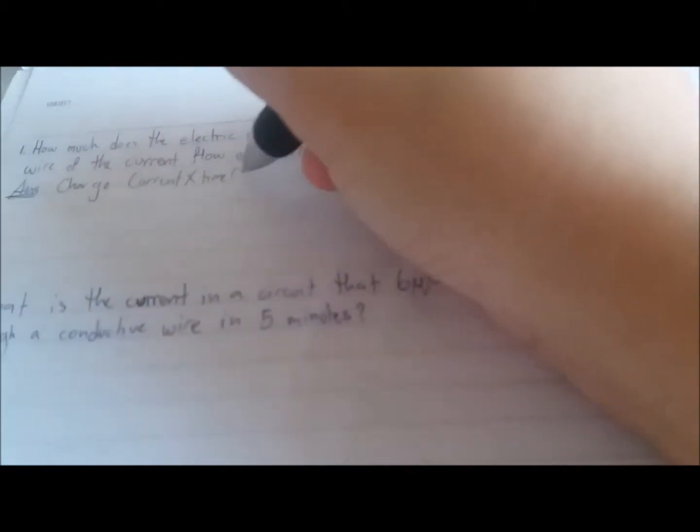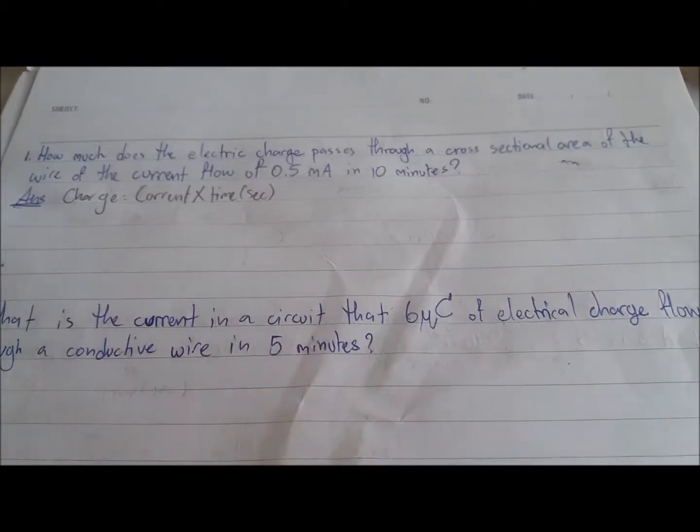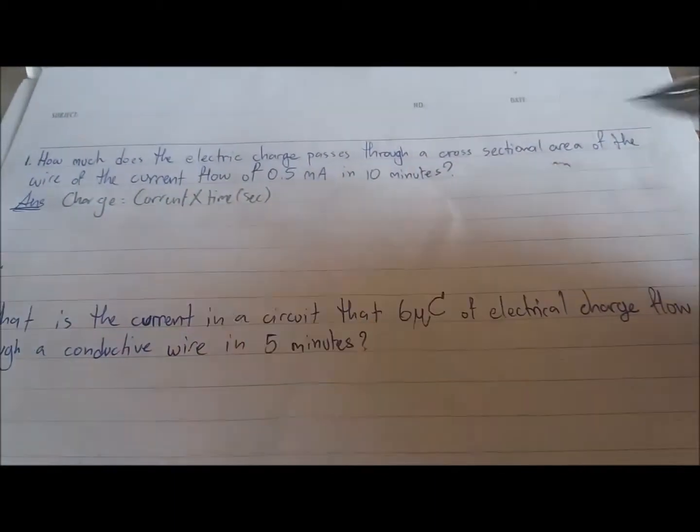For time, we're going to use seconds. First we're going to locate the current. The question has given us 0.5 milliamperes, but we're going to change it to number form.